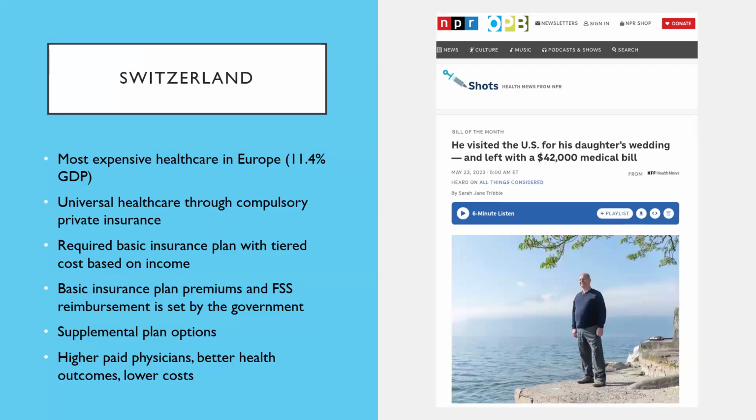I'll just do a quick slide on Switzerland. It's often pointed to as a role model that we could potentially move toward. It's still the most expensive healthcare in Europe at 11.4% of their GDP, but you'll find it high on every list of innovation and quality of care delivered. They have universal healthcare through compulsory, private insurance.